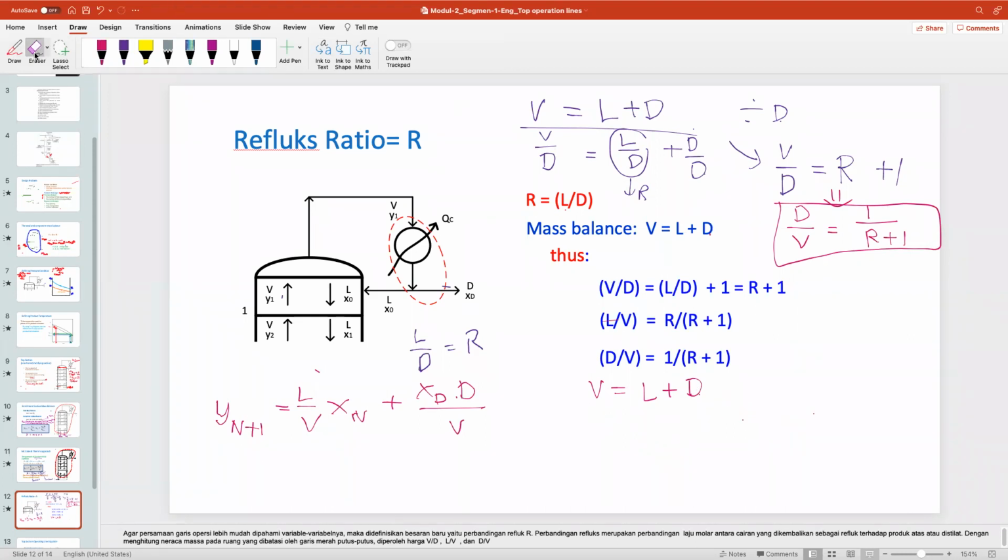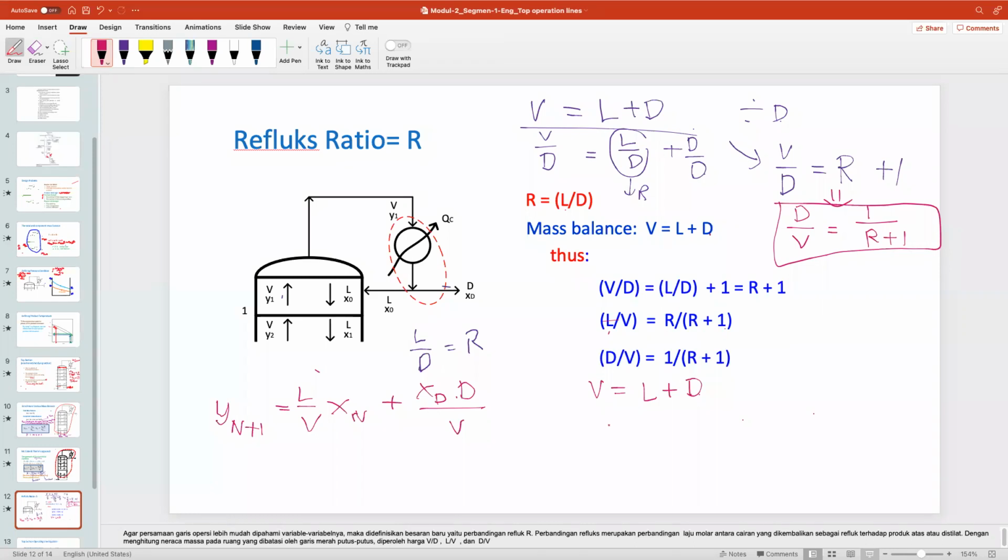Okay, anyway, let's do the derivation later, but if you want to know L over V, we can find L divided by V, and it becomes R divided by R plus 1.